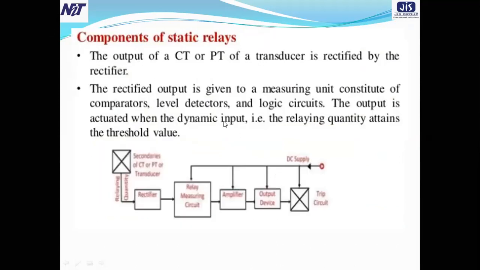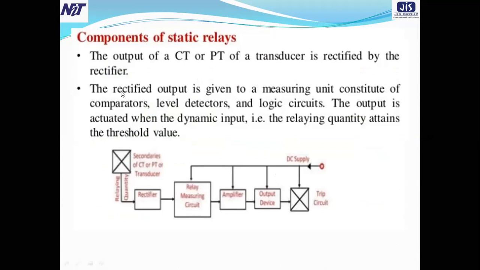Now let me talk about the components of static relays. The output of a CT or PT, that is, the current transformer or potential transformer or a transducer, is rectified by the rectifier. We all know this about the output of the CT and PT.